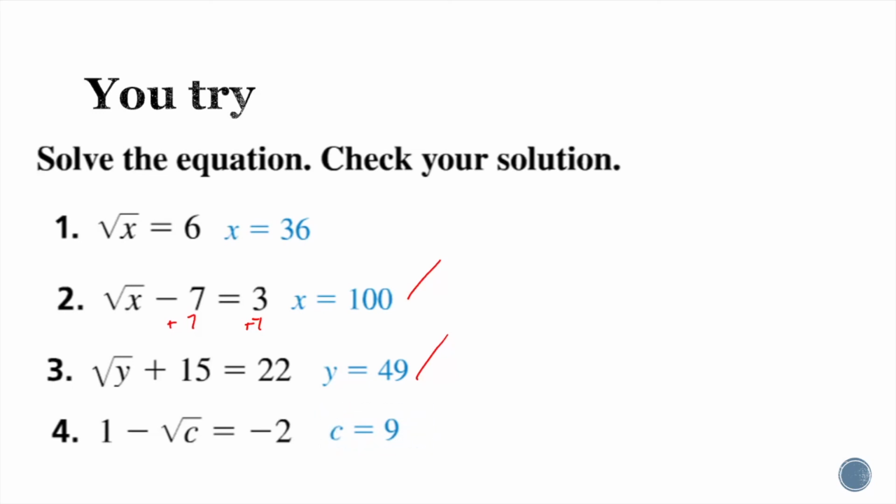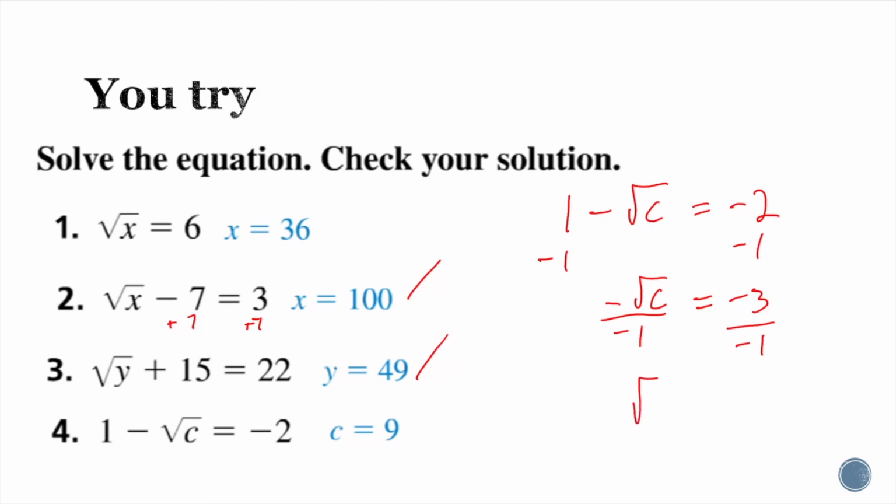Since this last one is a bit different, the way that I would have handled this, although there's multiple ways to start, is I would have subtracted 1 on both sides, negative square root of c is equal to negative 3, divided by negative 1 to leave me with square root of c is equal to positive 3, squared, c is equal to 9.